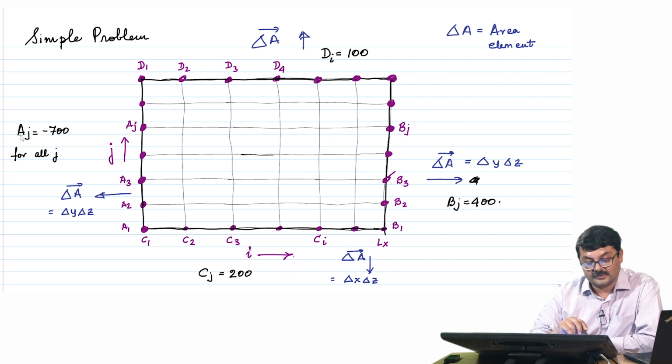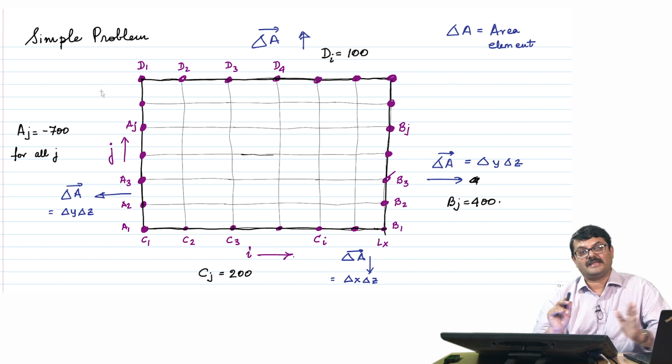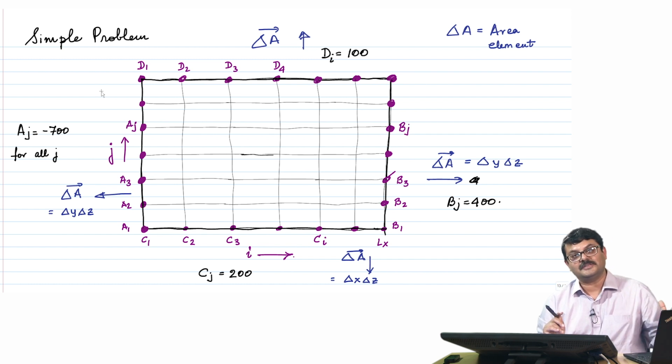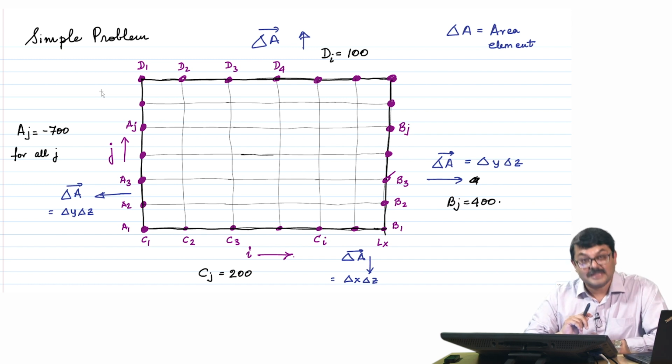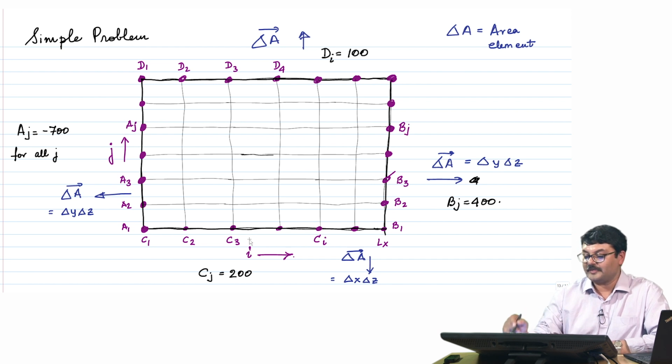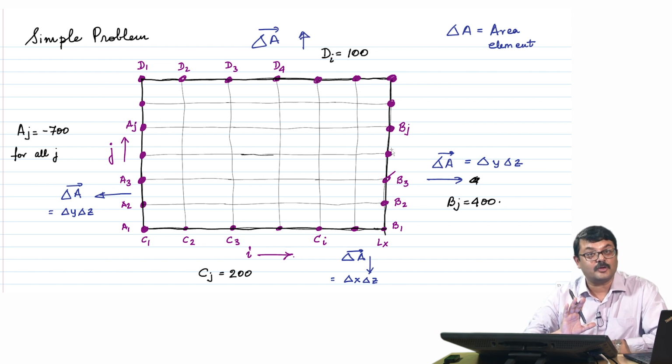And A j is of course the q vector. So, what I am calculating is the amount of heat passing through each of these 4 surfaces, and if you take the correct dot product, you have to take the sign of delta A as well.